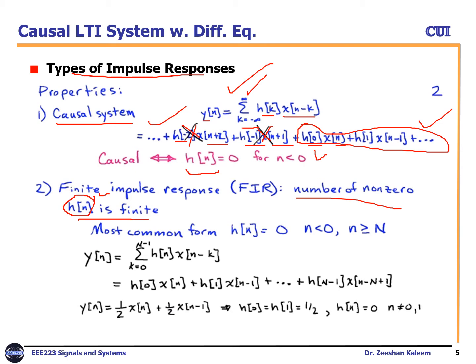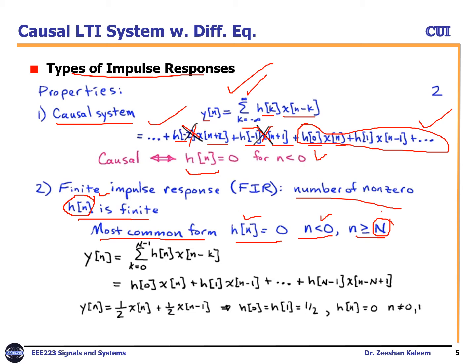For example, the most common form is h[n] equals 0 for n less than 0 and for n greater than or equal to capital N. It means that for n less than 0, we always have an impulse response value of 0, and for n greater than or equal to capital N. What is this N? It is the number of terms, for example 1, 2, 3, and so on, for which we are interested to find the output. So this can be any number, right?